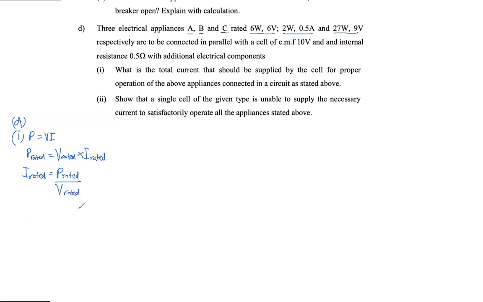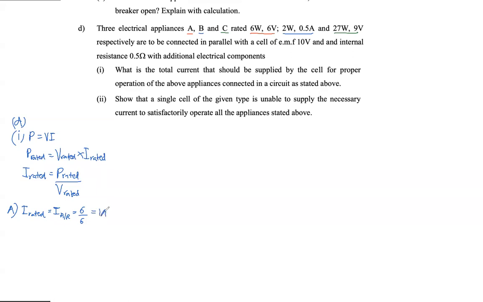Now they have already given us the rated current for B. We don't have to calculate it separately, but for A and C they haven't. So for A, if I apply the equation, the rated current for A, I'll take it as IAR, is equal to the rated power for A, 6 watt, over 6, which is 1 ampere.